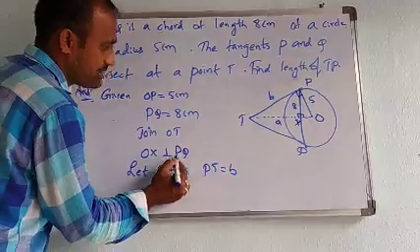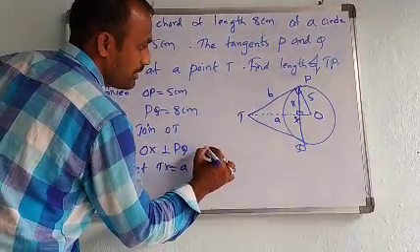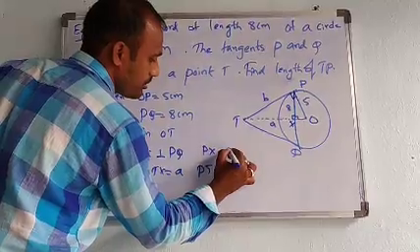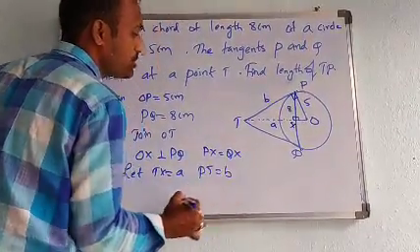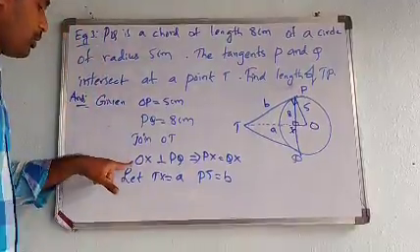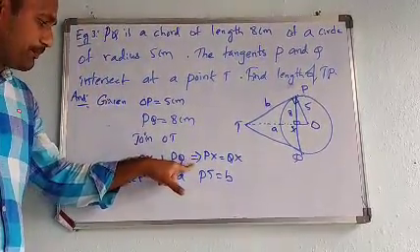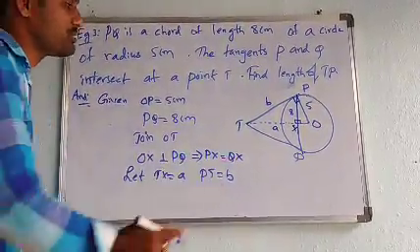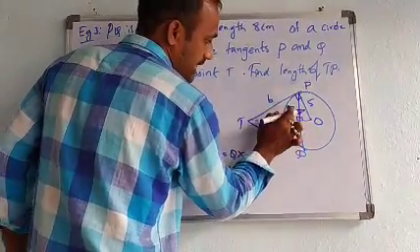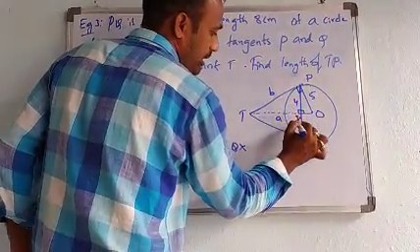Now since OX is perpendicular to PQ, it implies that PX is equal to QX. Why? Because a perpendicular will always divide the chord into two equal parts. So since the total is 8 centimeters, I can write here 4, here also 4.